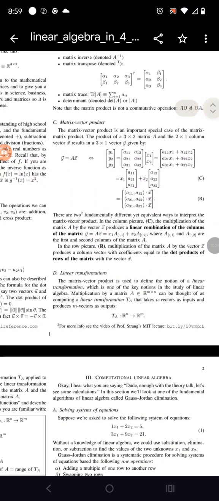So TA is a mapping from R to the power n to R to the power m, where we are multiplying by matrix A with m rows and n columns. So multiplying by a matrix can be thought of as a linear transformation.